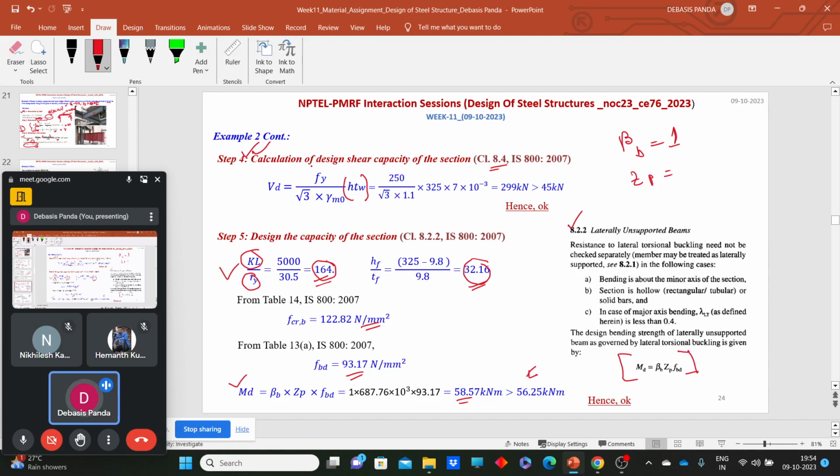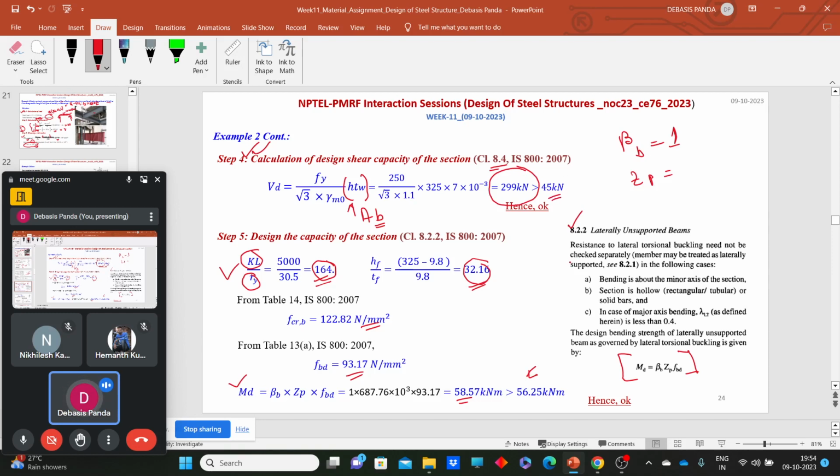The design shear capacity is nothing but Fy by root 3 gamma m naught into AB, and AB for a rolled I beam is nothing but H into TW. So the design shear capacity is 299 kilonewton. And what was the maximum factored shear force due to the application of the factored load?